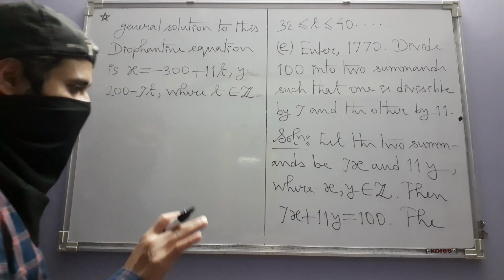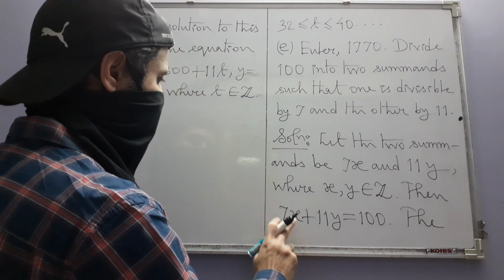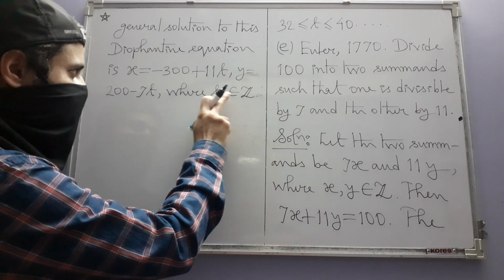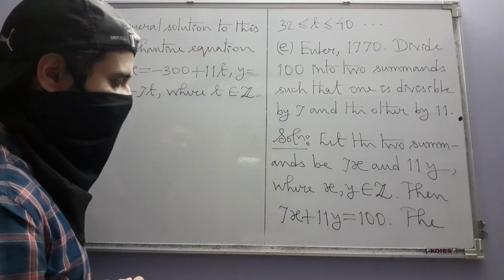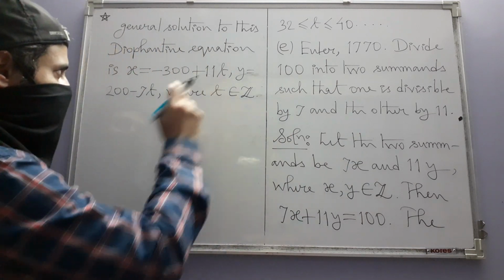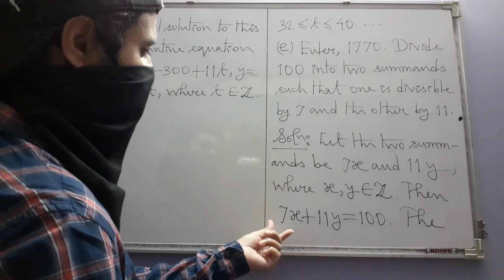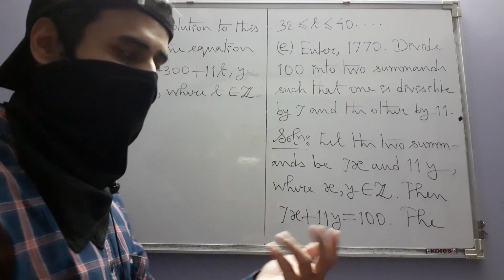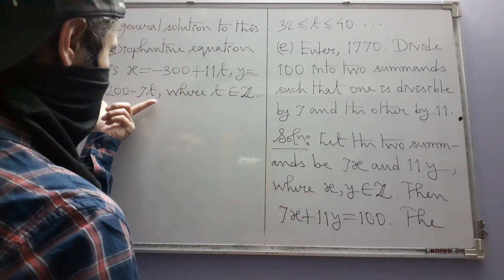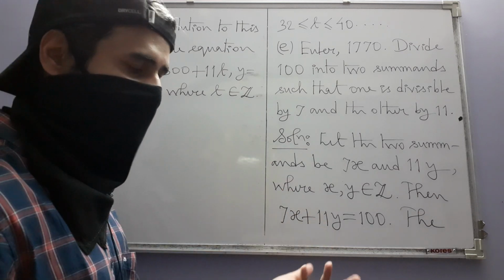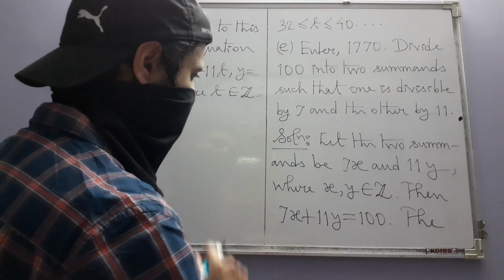Okay. Now I'm trying to see whether what I'm thinking is correct or not. So regardless of what the integer t is, this pair is going to satisfy this equation. And because t is an integer, 7 times x for that particular t is itself an integer, which is of course divisible by 7. Just like that, 11 times y for that t is also an integer that is divisible by 11, and their sum is 100.